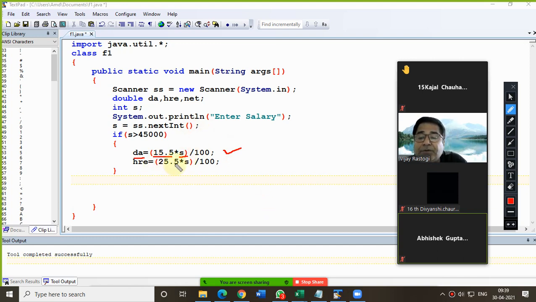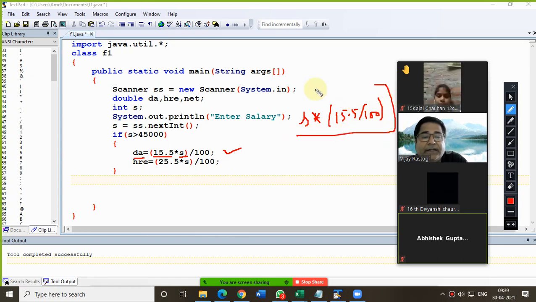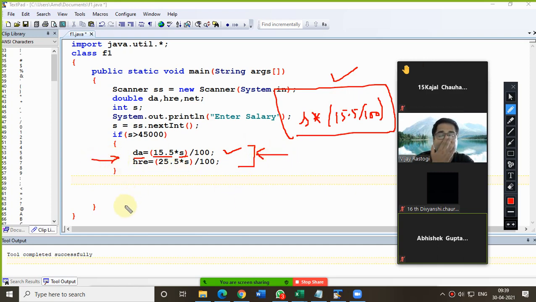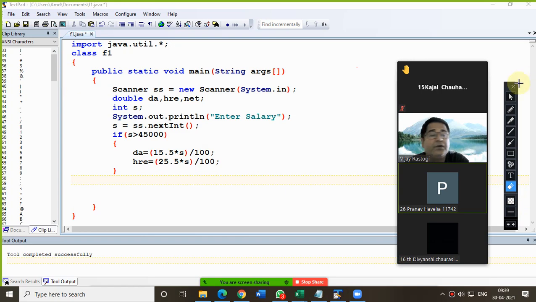Don't try it like S into 15.5 upon 100. This is not the way to find. It is correct in mathematics, but in the programming language you are supposed to use this way, beta. Am I clear, Divyanshi? Yes, sir.